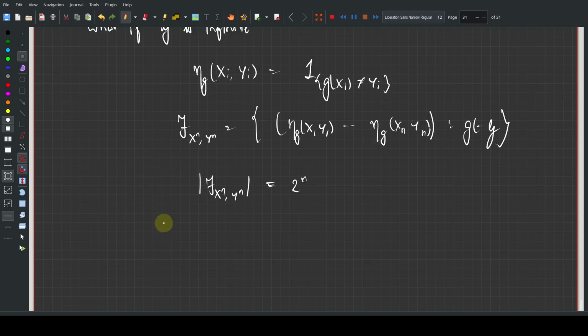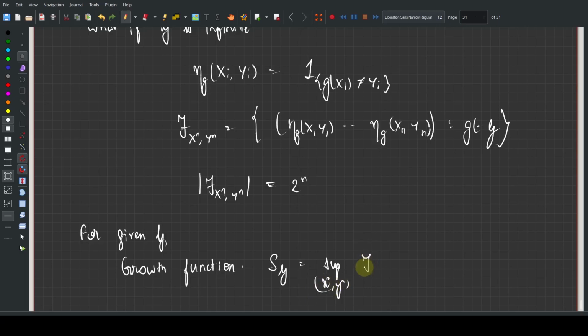So for a given class G, I define the so-called growth function S_G as the maximum of the size of F(x_n, y_n) over all possible x_n and y_n.